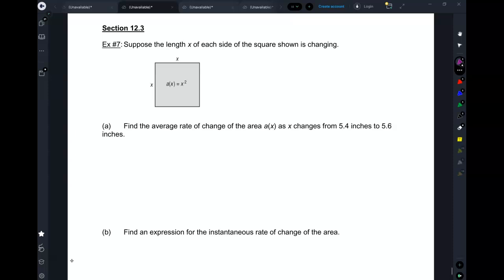This is actually the slope of that lovely secant line of A of x as x changes from 5.4 to 5.6. So this is x1 and this is x2.